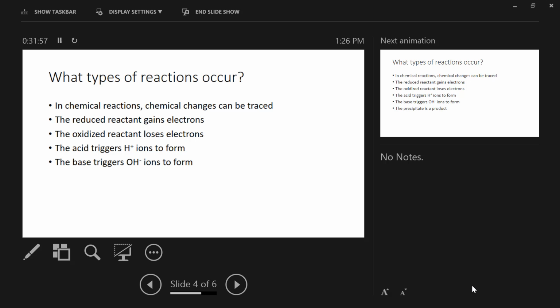A base triggers hydroxide ions to form, either by releasing them or by causing them to be released from water. Either way, a base, when you mix it into water, is going to trigger the formation of a lot of hydroxide ions. And an acid, when you mix it in water, is going to trigger a lot of hydrogen ions.